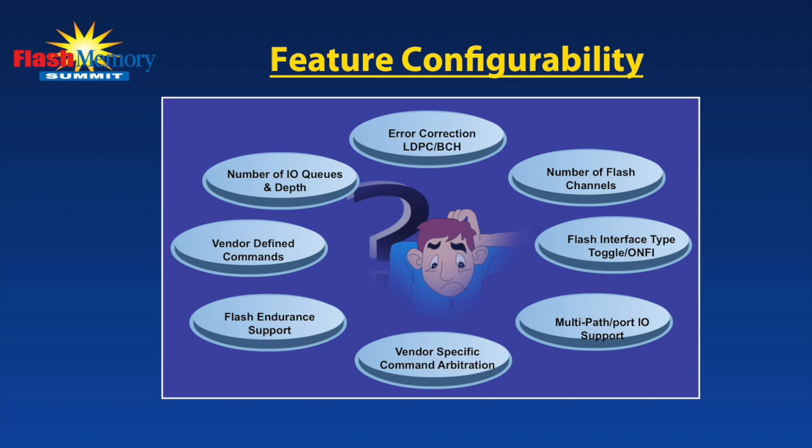Endurance support I talked about. This is one of the things which needs to be integrated, handled in hardware as well as software, so that we can provide APIs where value-added software can be integrated. NVMe Endurance is one example. Vendor-defined commands. This is also something which the design should be able to support because it is value add, one of the differentiators for our customers to add vendor-defined commands.